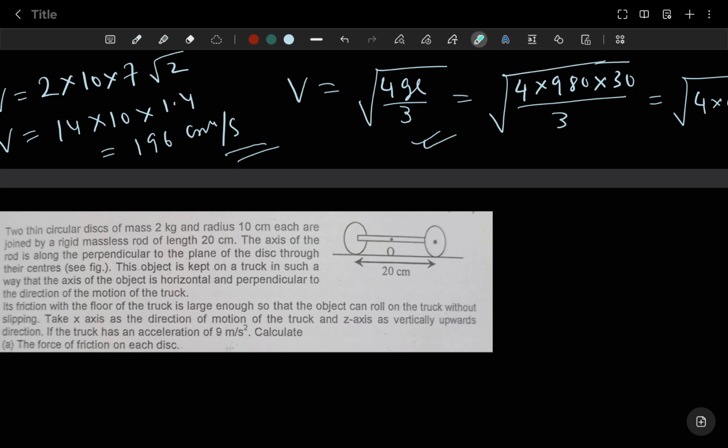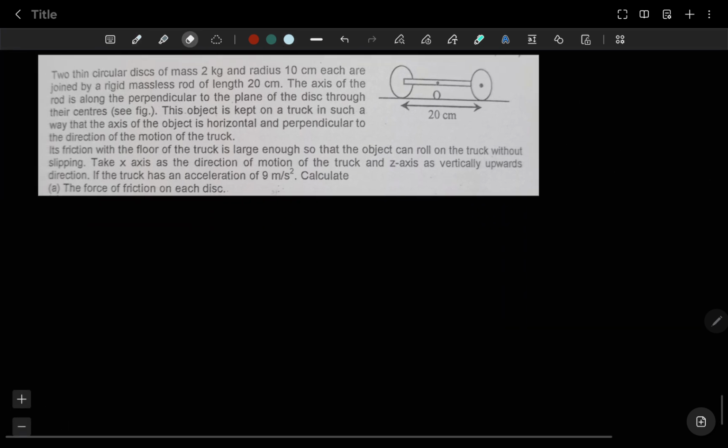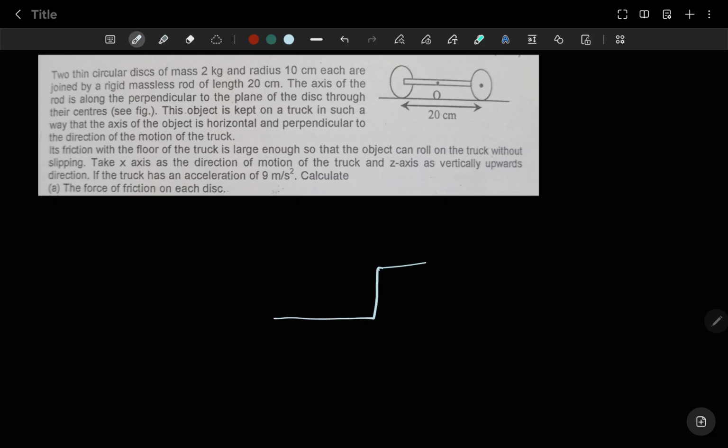Okay, so to do this problem, let me draw the free body diagram of a wheel. Let me draw like this, it will help you. Okay, a truck is there. Suppose a truck is there.